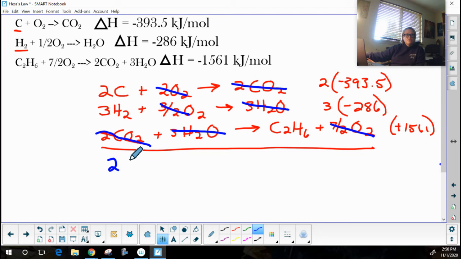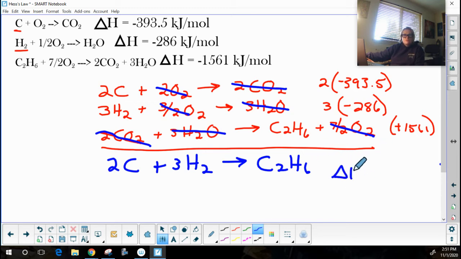So I have made that goal equation. Got 2 C's plus 3 H2s will make 1 mole of my C2H6. So my last step is just to now add up my enthalpies of combustion, and that will give me the enthalpy of formation of my ethane.